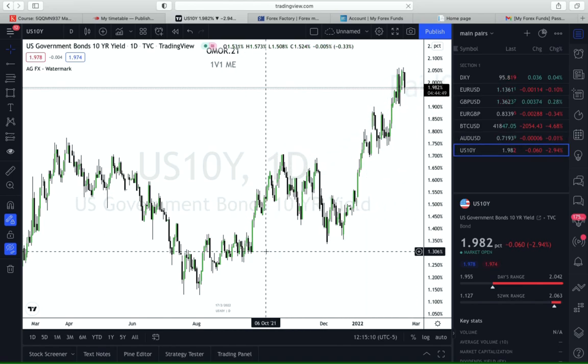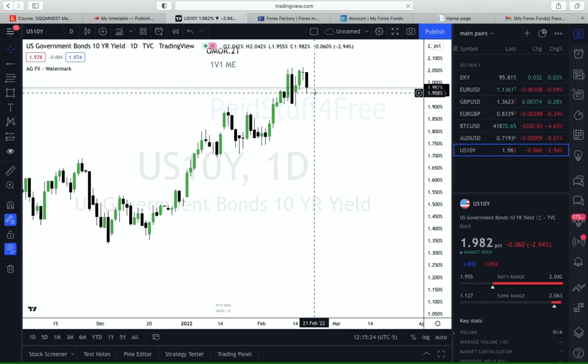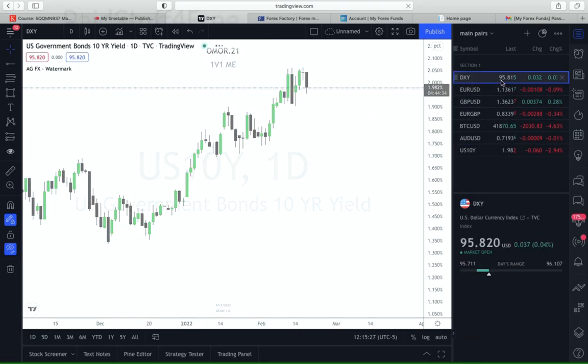The DXY and the US 10-year, overall, they move in the same way, but it's not tit for tat, right? It doesn't move in the same velocity downwards and the same velocity upwards. But in a nutshell, if you can get the direction of the US 10-year, you have the direction of the DXY.